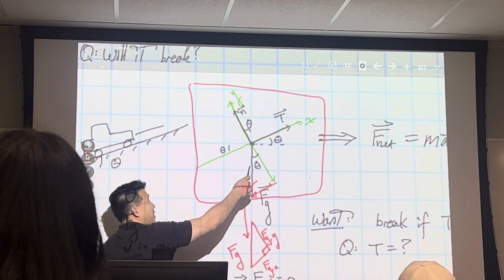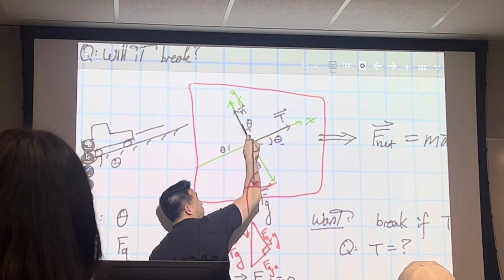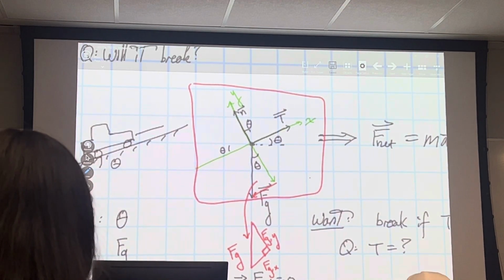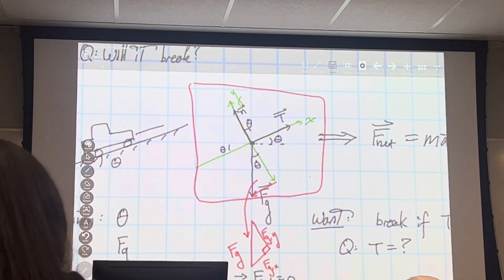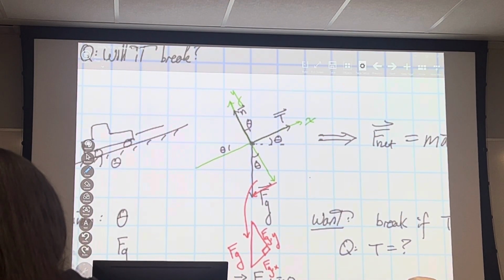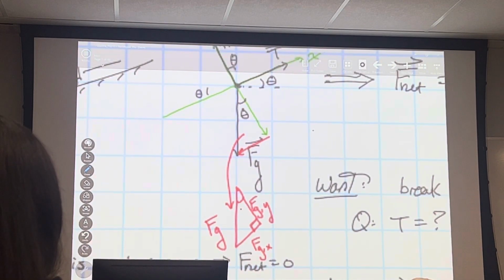You should have at least one angle theta specified, as well as all of your forces in the correct directions. If you have that, that will be considered a complete free body diagram. That theta is important, okay? As long as you drew it correctly, the theta will be up here.